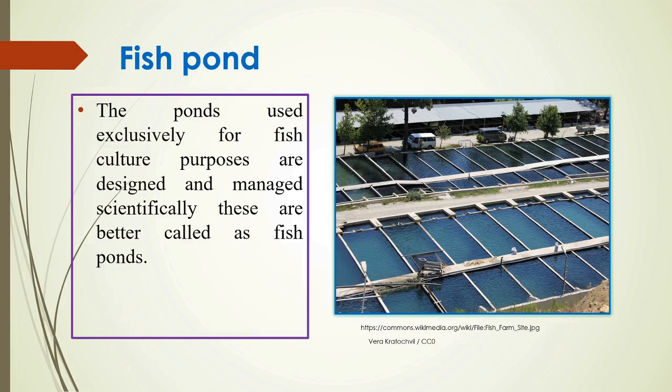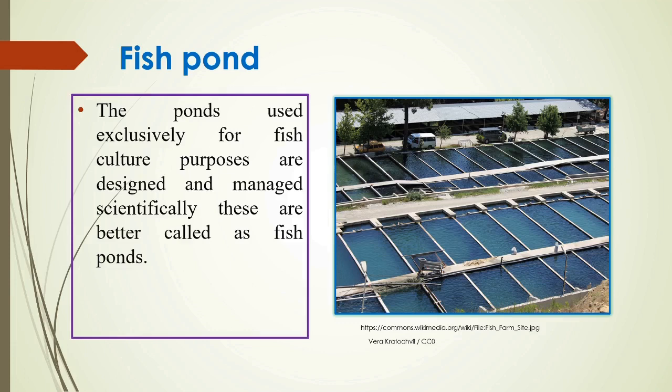Now, what is a fish pond? The ponds used exclusively for fish culture purposes are called fish ponds. They are designed and managed scientifically. Fish farm is the site where different types of ponds are constructed for rearing various stages of the selected species on scientific lines.